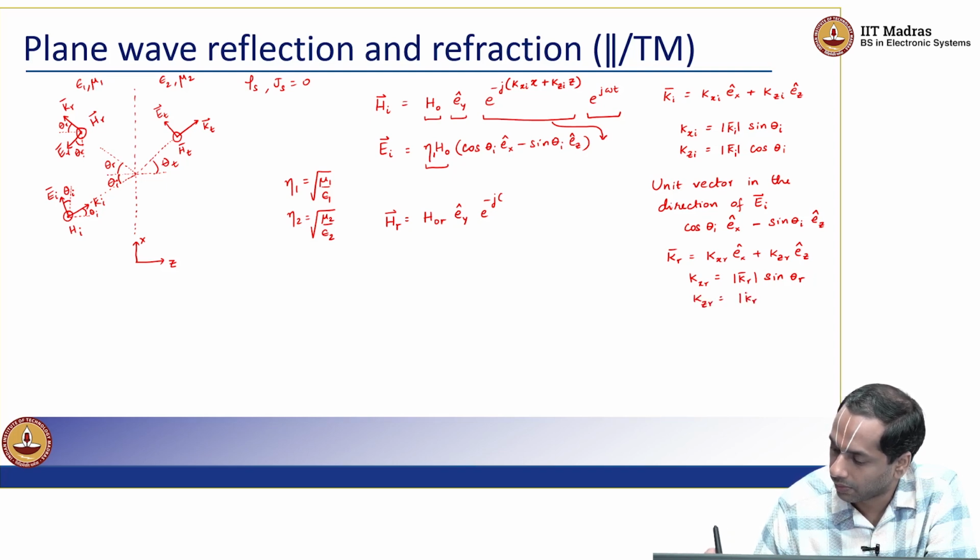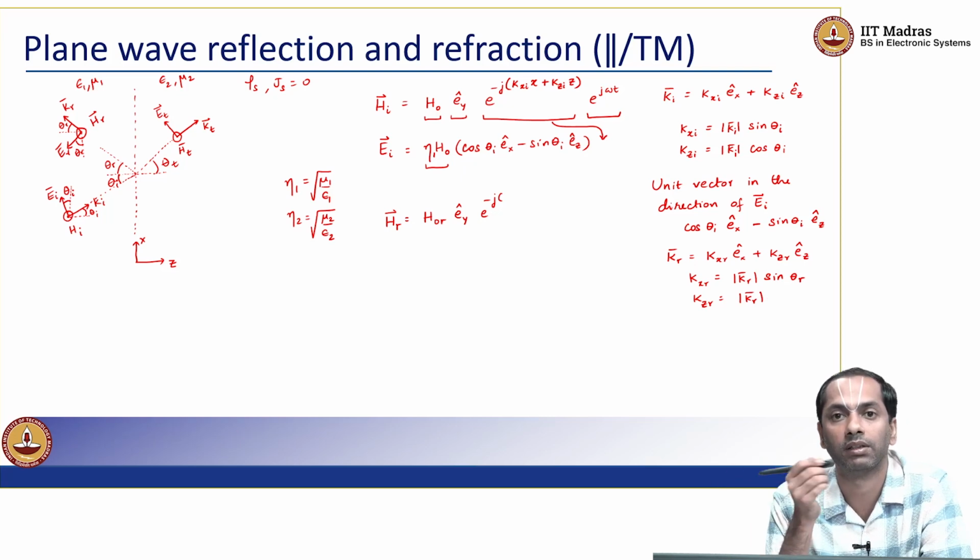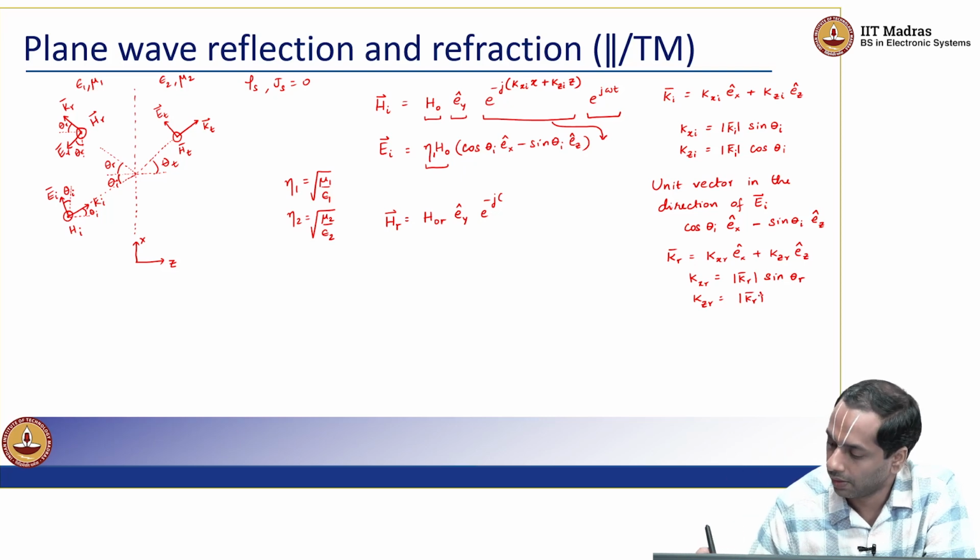It's modulus of k_R, but this time since the reflected beam is actually going in the minus z direction, right, I am going to put a minus sign and say this is cos theta r.